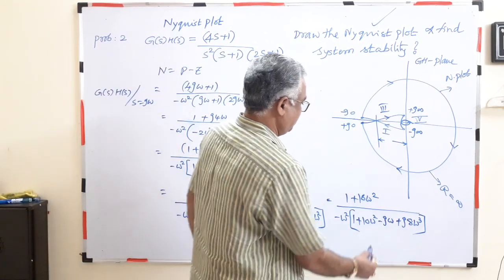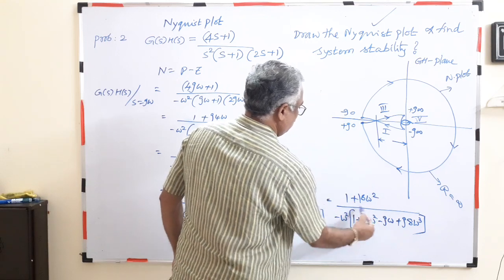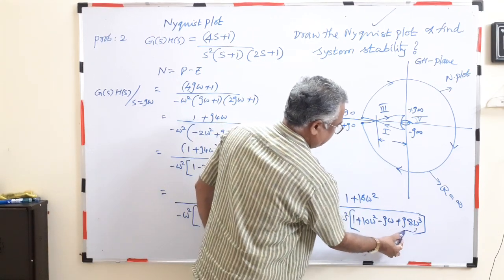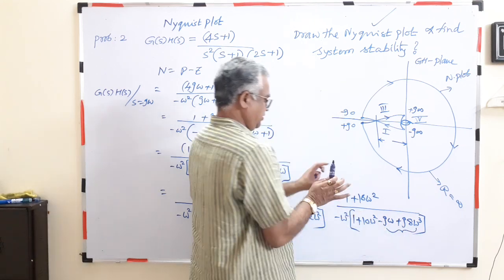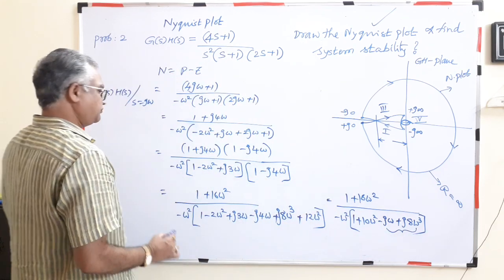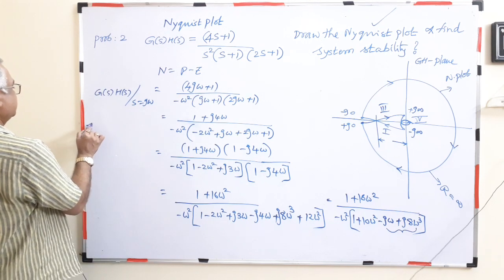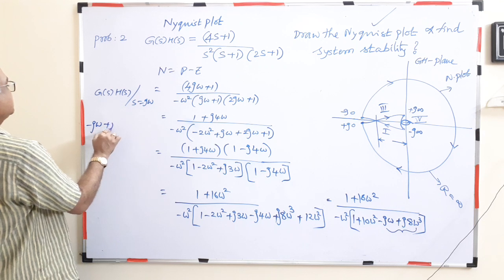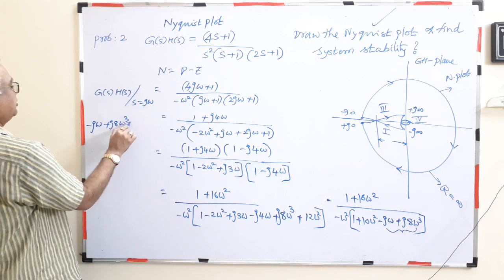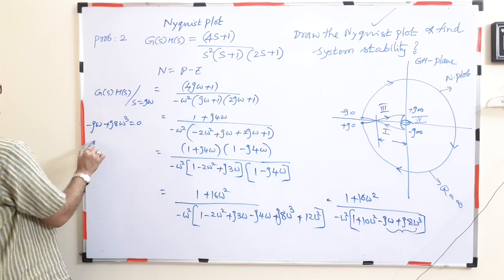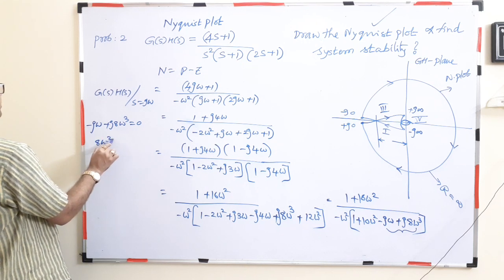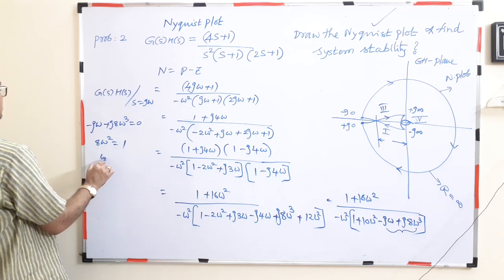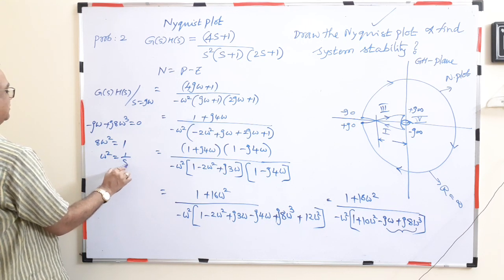What is the imaginary part? Only this part. The numerator has no j term, only this contains the j term. This j part, imaginary part, equated to 0. Means minus j omega plus j8 omega cube equal to 0. So we'll get 8 omega square, omega cancels, equal to 1. So what is omega square value? 1 by 8.